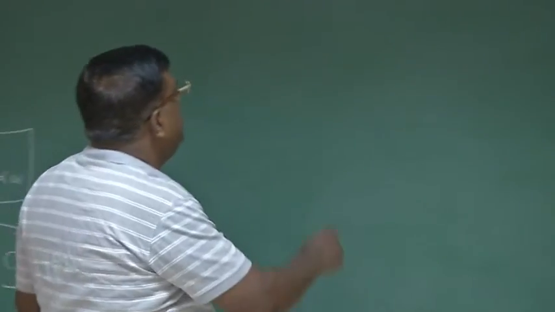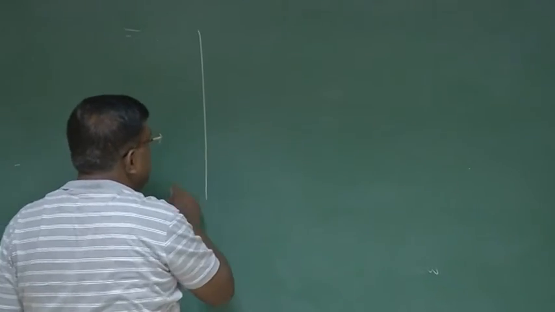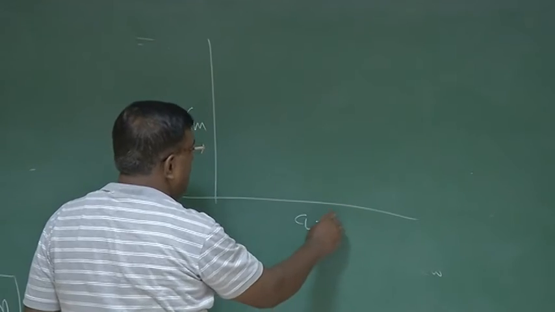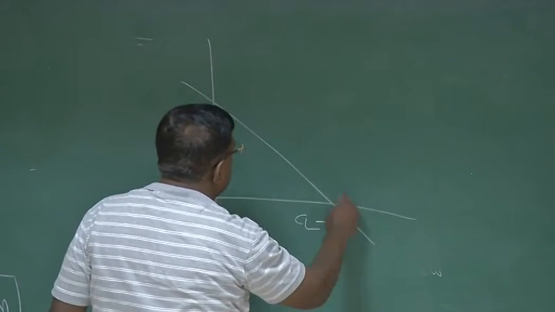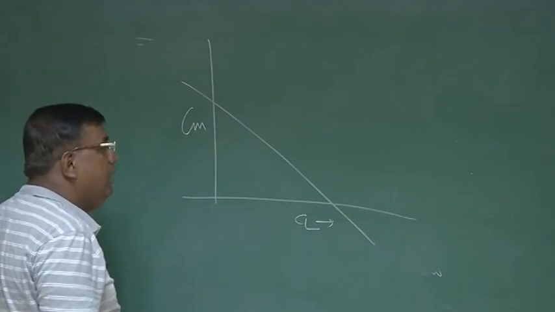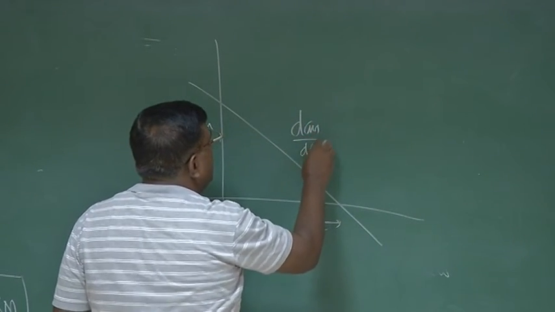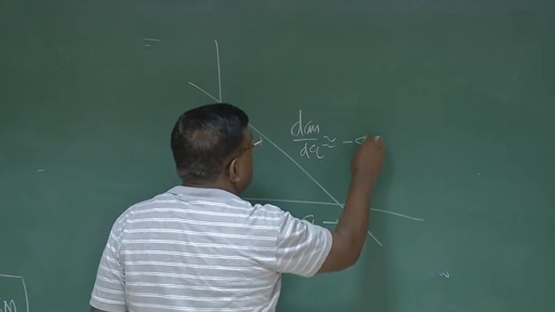So the problem we are looking at is, suppose this is your Cm versus CL graph, and the slope is dCm by dCL, and we have agreed that dCm by dCL is approximately minus static margin.